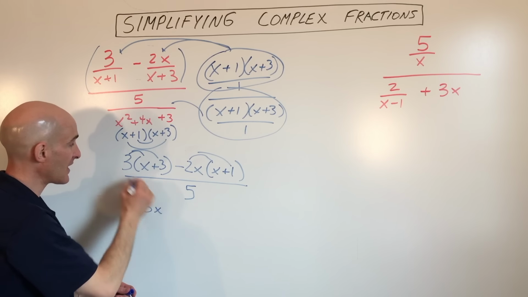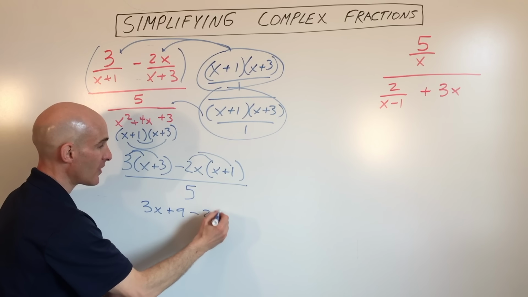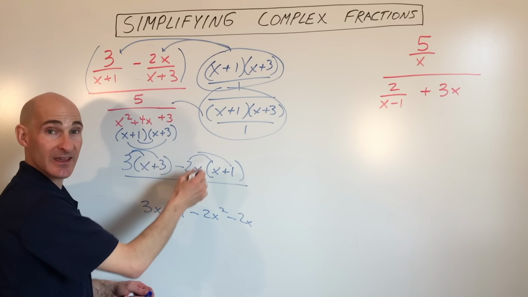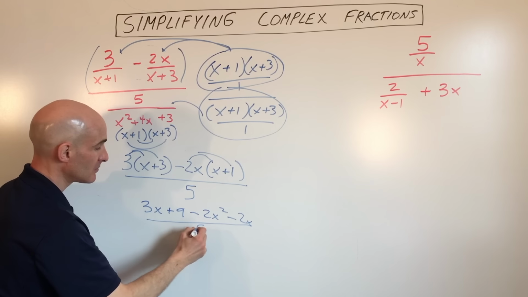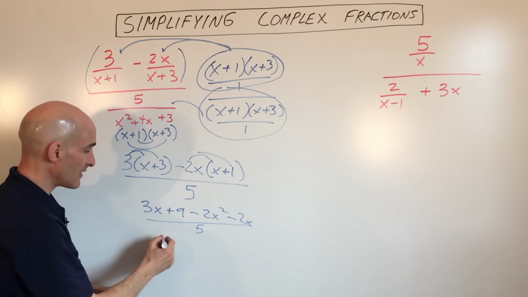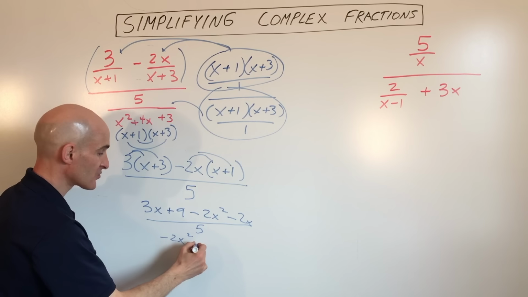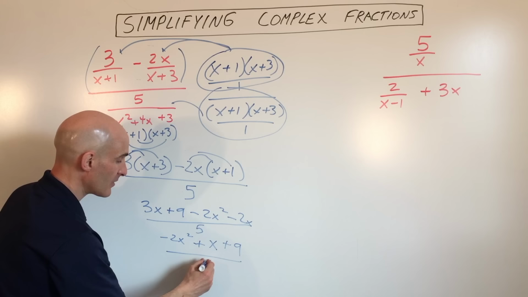So we have 3x plus 9 minus 2x squared minus 2x. We're distributing the negative 2x into the parentheses. All divided by 5. And let's see, so we've got negative 2x squared minus 2x and plus 3x is plus 1x plus 9, all divided by 5.